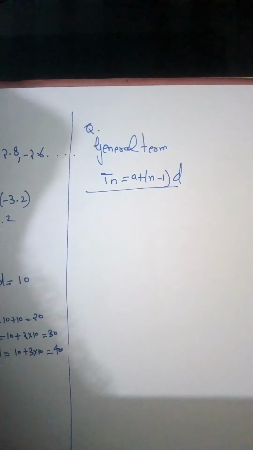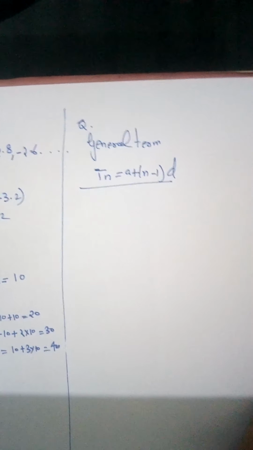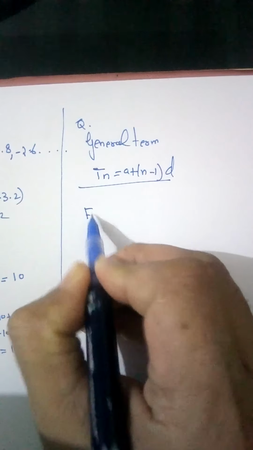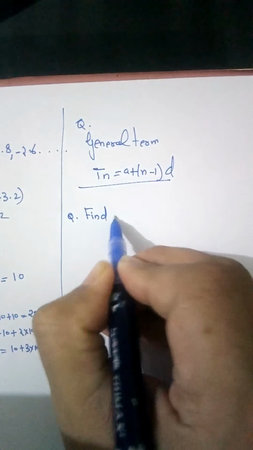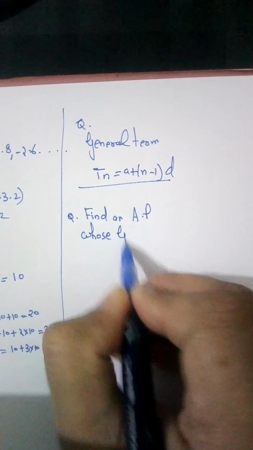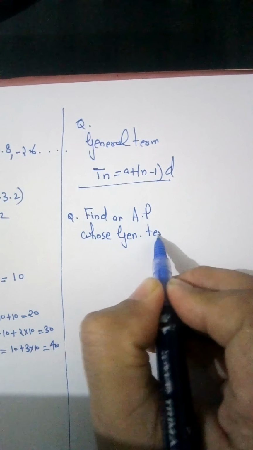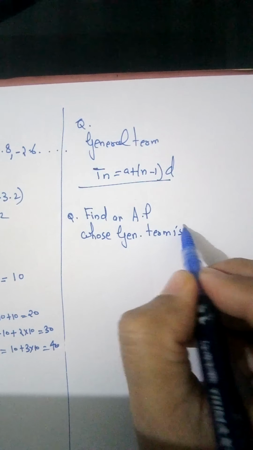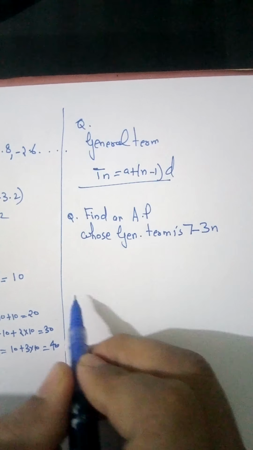Now let us take one more question to apply things. We have to find an AP whose general term is 7 minus 3n.